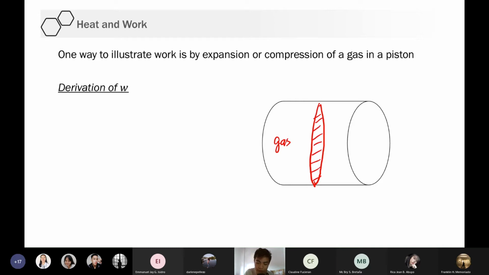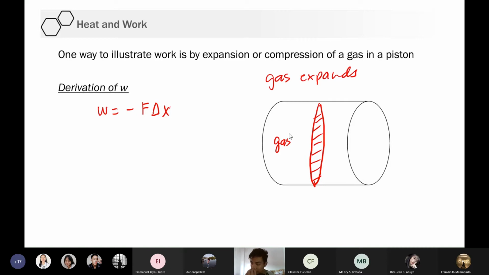So, W equals negative F delta x. Okay, if our gas expands, ano mangyayari?